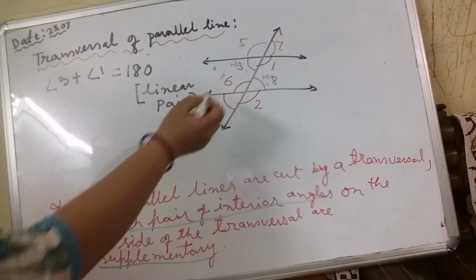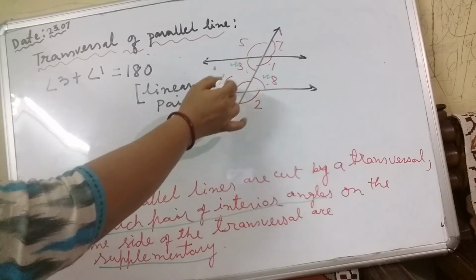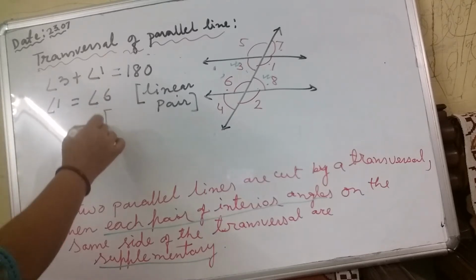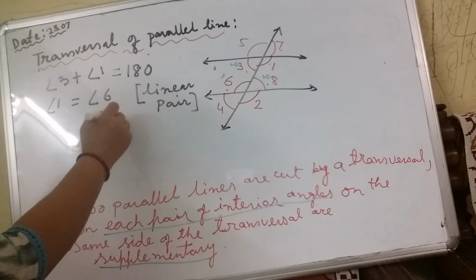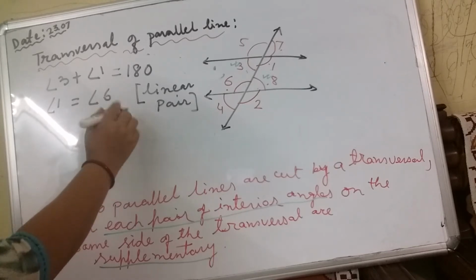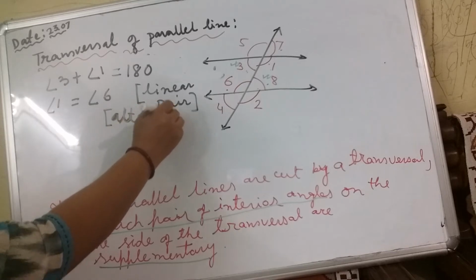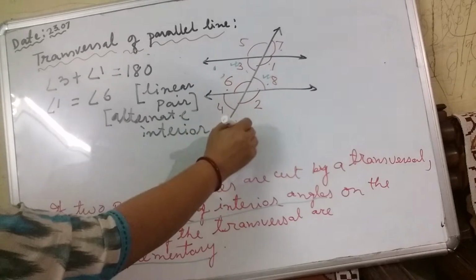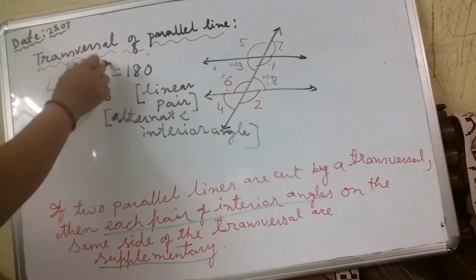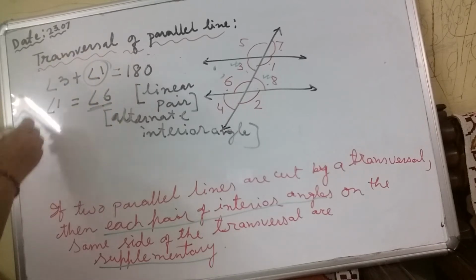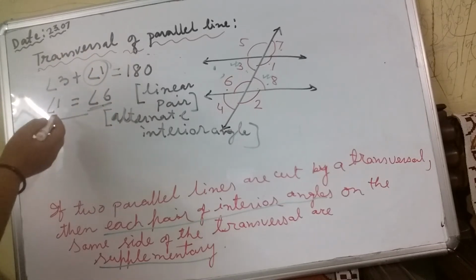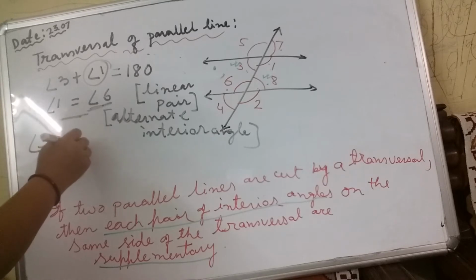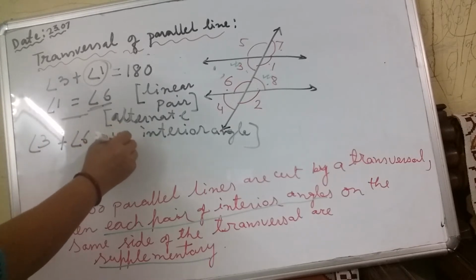And we have already established that angle 1 equals angle 6 because they are alternate interior angles. Now in place of angle 1 I can write angle 6. So using this equation, I can write the first one as angle 3 plus angle 6 equals 180 degrees.